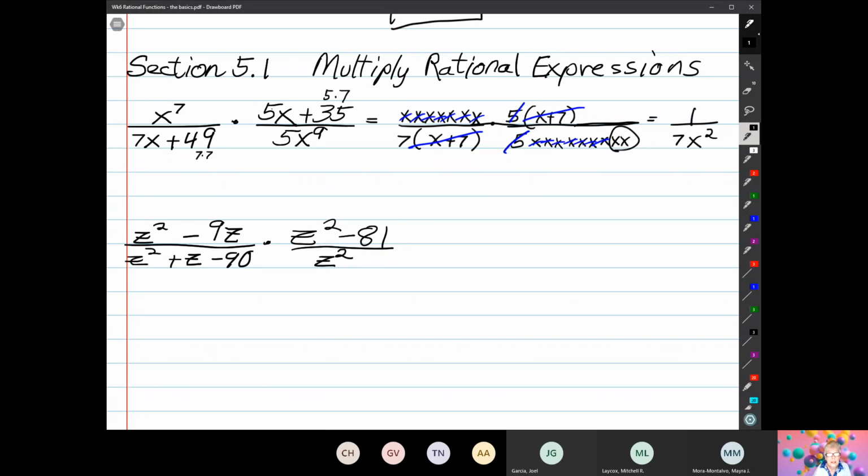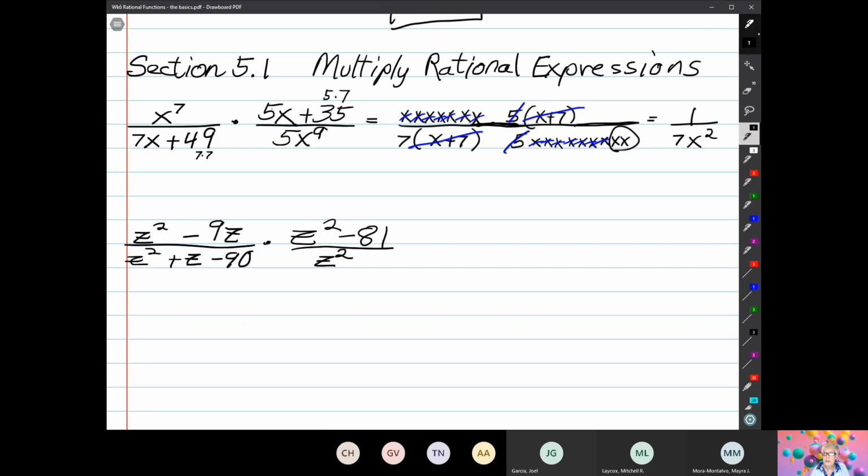But you don't want to put these two together immediately, or you might find yourself multiplying x to the 7th times 5x, and then x to the 7th times plus 35, and you don't want to do that. So factor everything first and then combine the tops and the bottoms, and you'll be a lot safer.